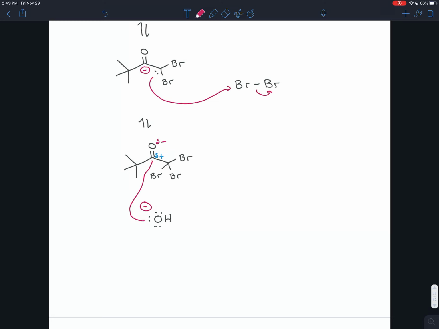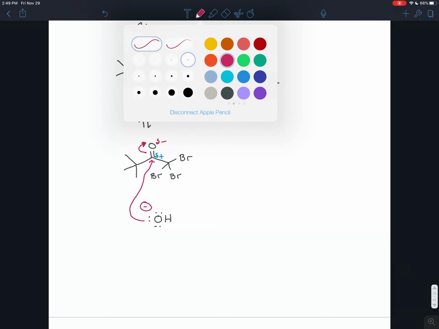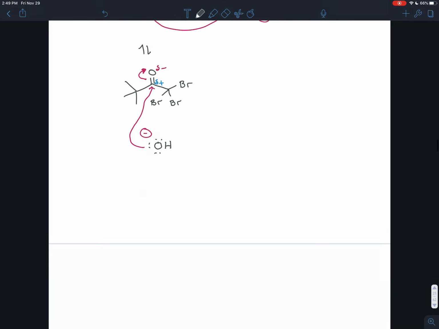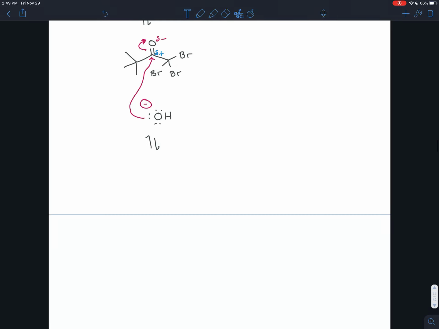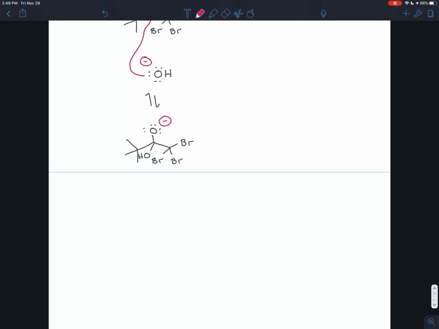So the OH can swoop in, attack the carbonyl carbon, kick the pi bond up, so you get this tetrahedral intermediate, and the oxygen with a full negative charge is flapping in the wind, very unstable.